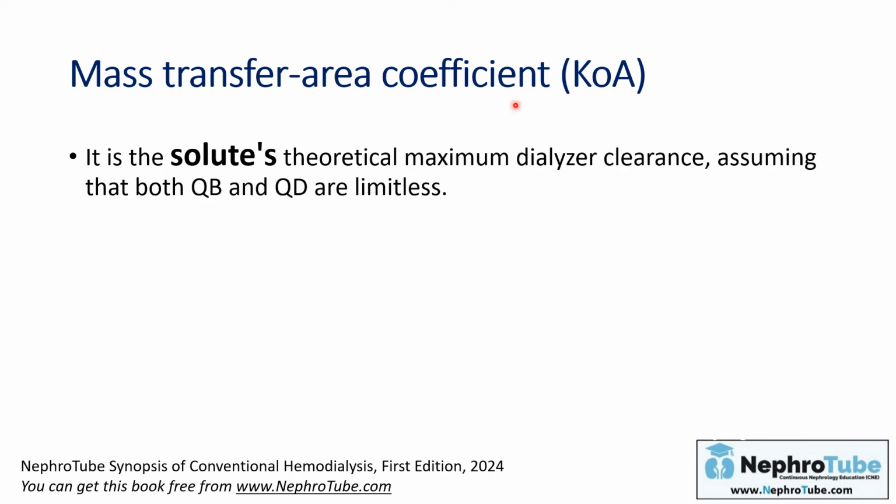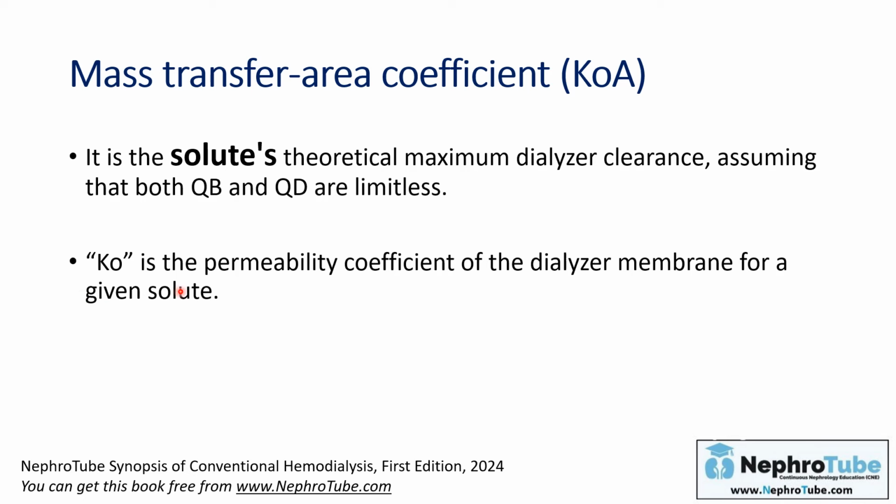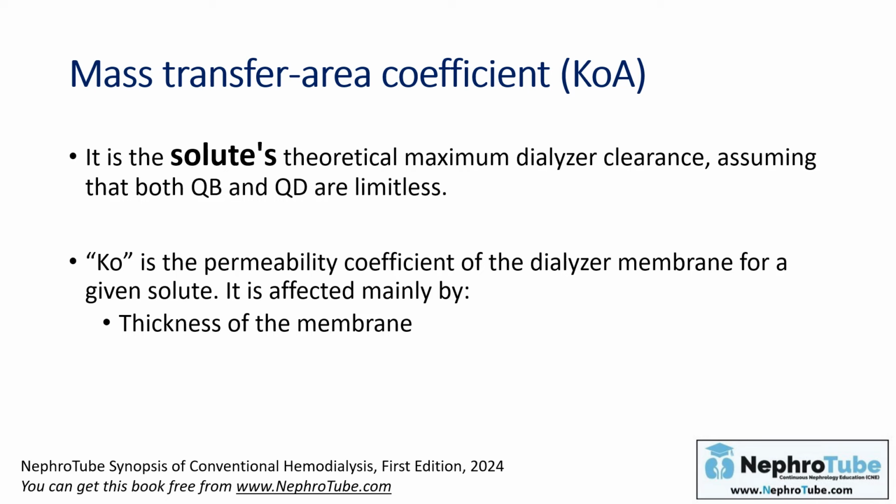The mass transfer area coefficient, which is abbreviated as KoA. Ko is the permeability coefficient of the membrane. It indicates the permeability, so it can be affected mainly by the thickness of the membrane and the density and size of the pores.